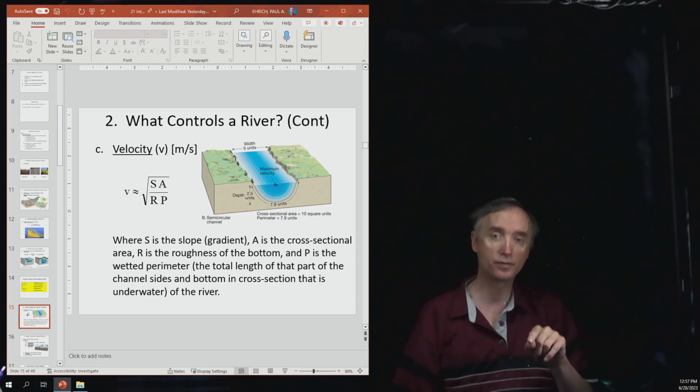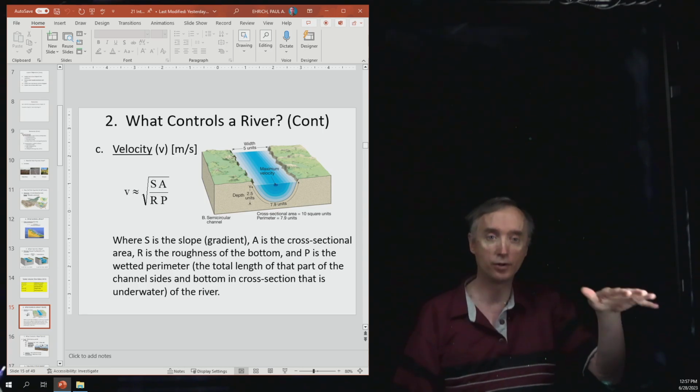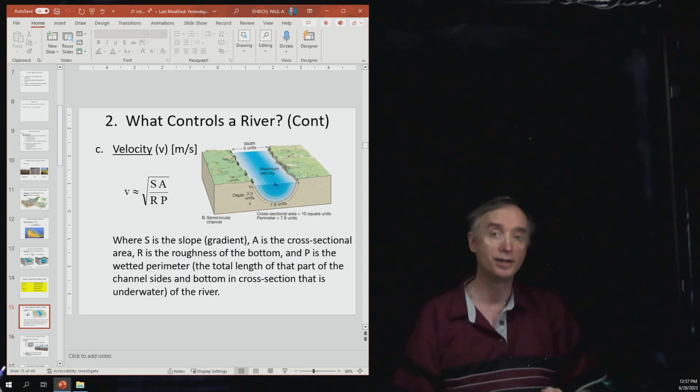But notice if the roughness increases, R is in the bottom part of the formula, which means if R gets big, V gets small, which is what you expect. If the water is flowing over a rough surface, it's going to slow down. The same thing goes for the wetted perimeter: if that's larger, then the speed is going to be smaller.